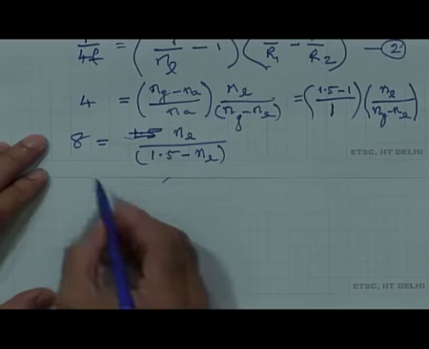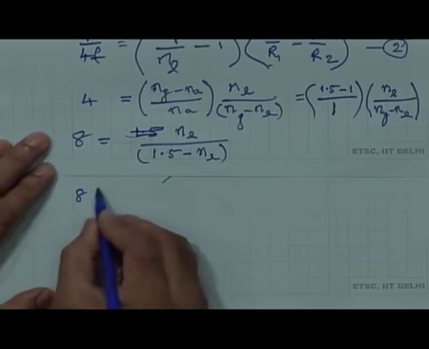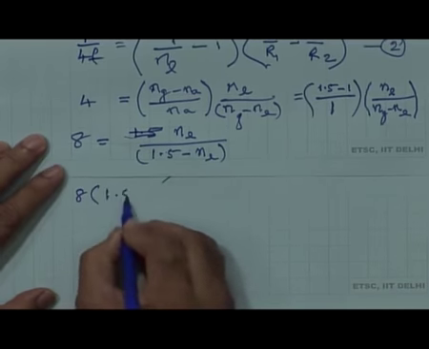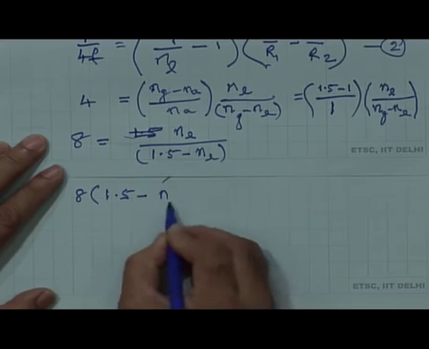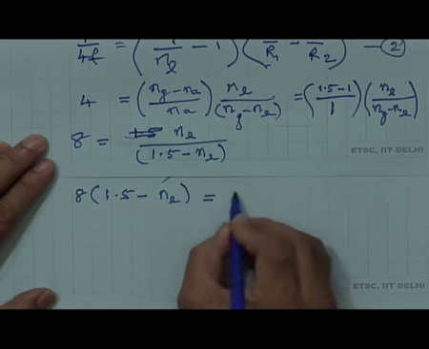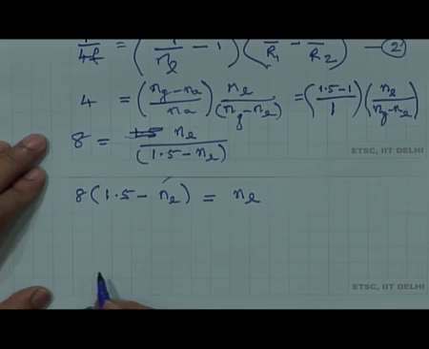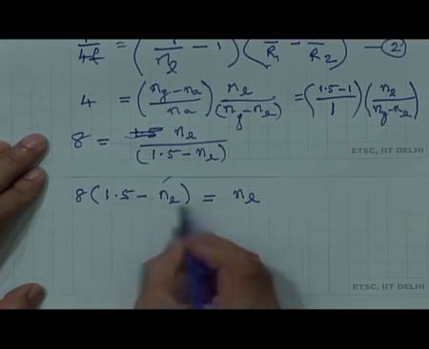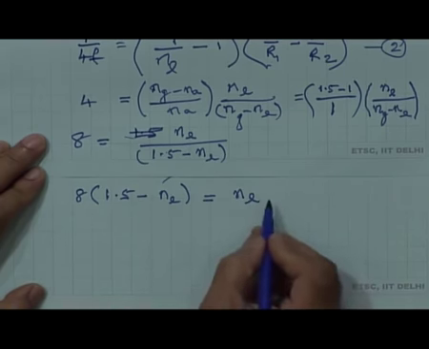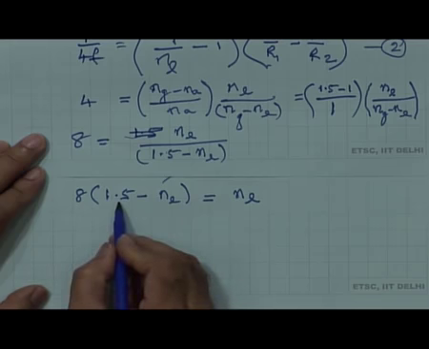So we can transpose. If I take this here, we have 8 into 1.5 minus NL is equal to NL. So 8 NL goes to the other side and becomes 9 NL. 8 into 1.5 is 12.